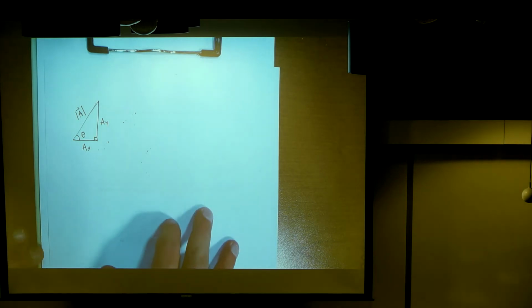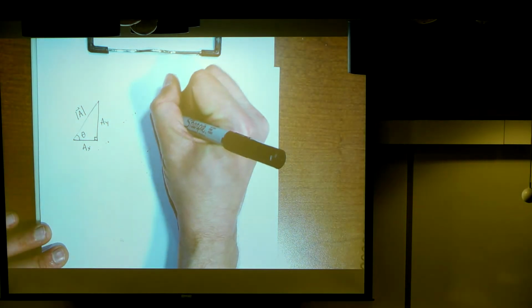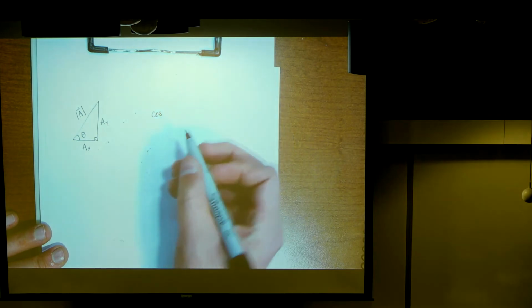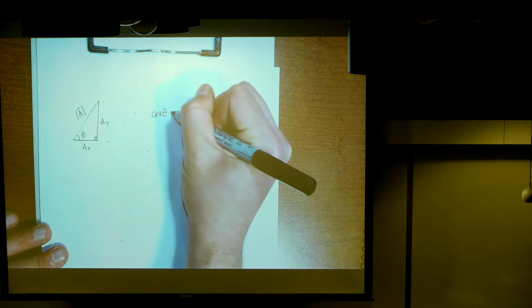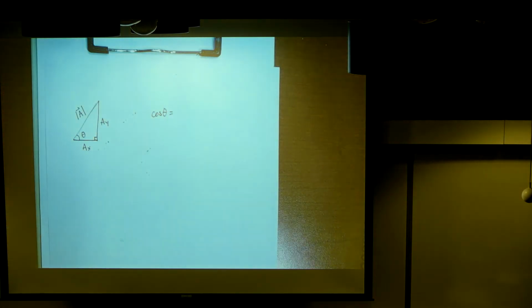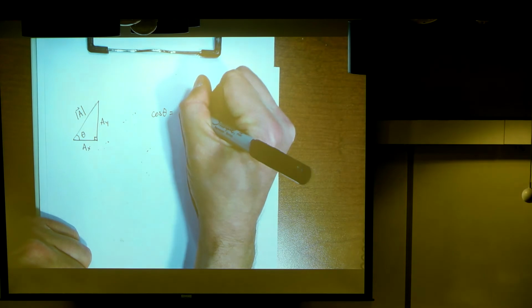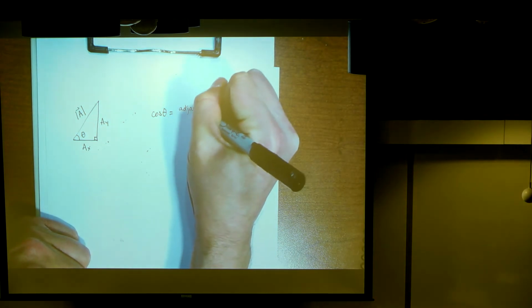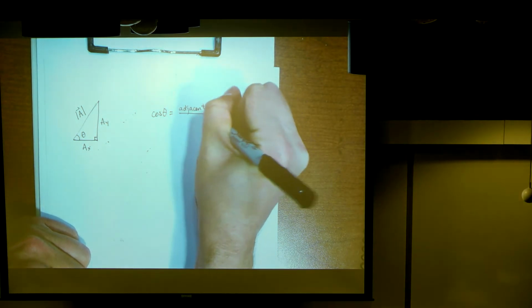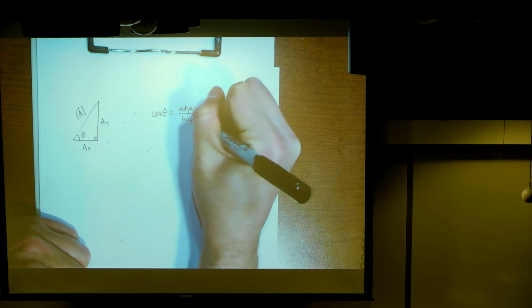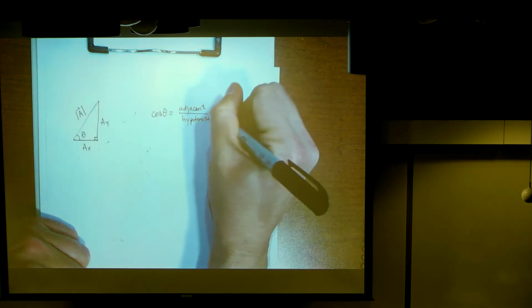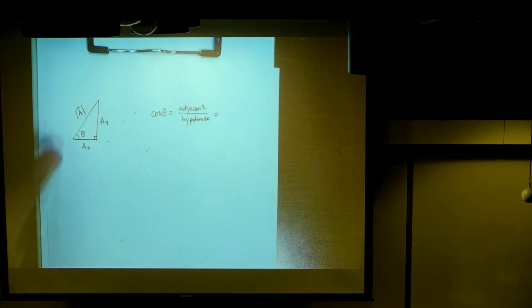So here's what I want you to do. Remind me of the definition of cosine of an angle. Adjacent over hypotenuse. Yes, cosine is adjacent over hypotenuse. In this picture, what is our adjacent side?